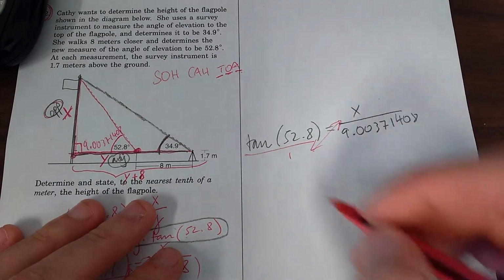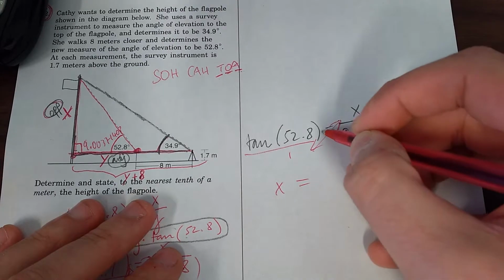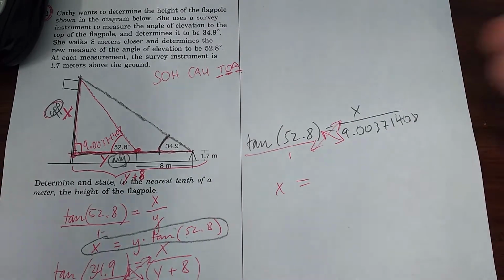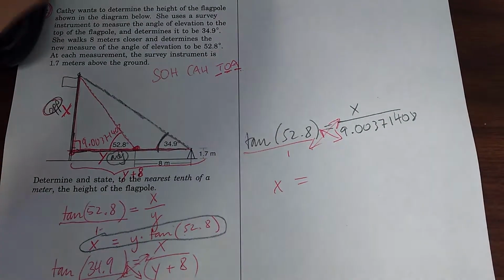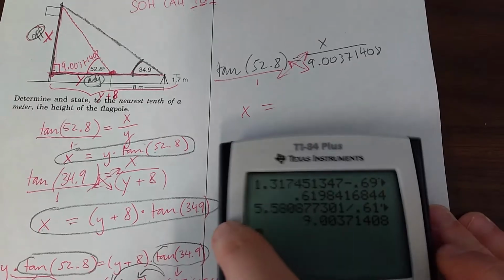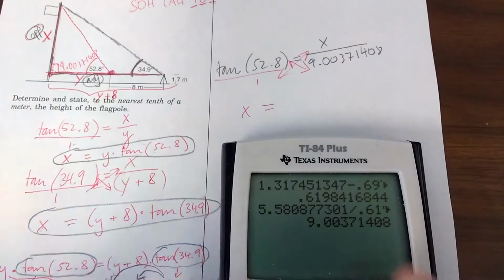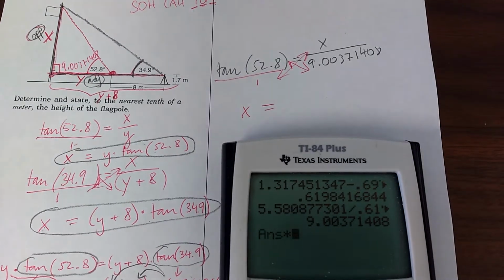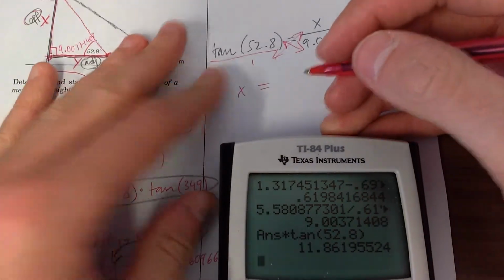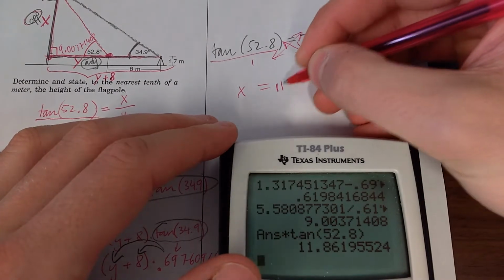So 1 times x is x, and then 9.0 whatever times tangent of 52.8. Let's just do it in a calculator. So we already have that number in the calculator, so I'm just going to multiply by tangent of 52.8. And finally, we got to pretty much the answer.